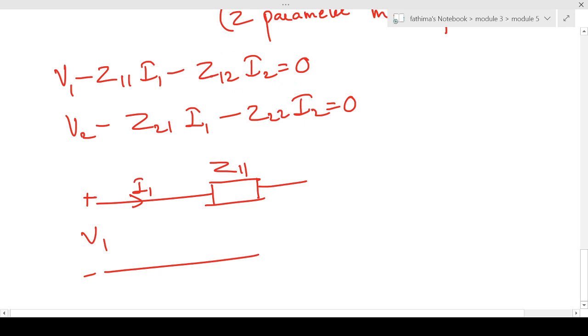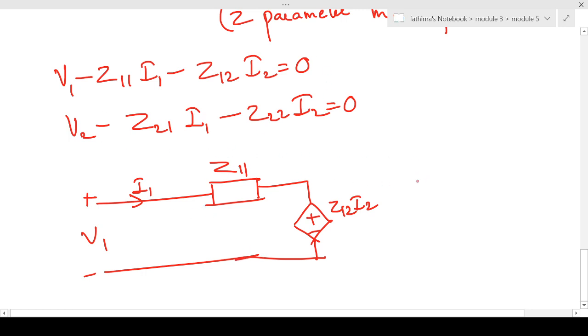This is also a voltage since it is Z into I, but this depends on the current at some other point of the network. So it can be represented by a current controlled voltage source. So this is Z12 I2, a current controlled voltage source. So this is the first equation.